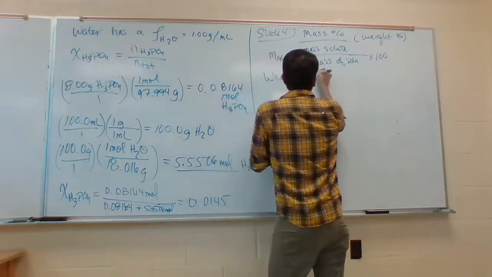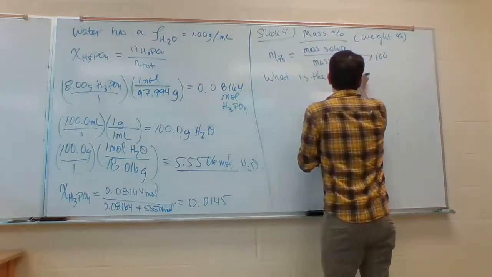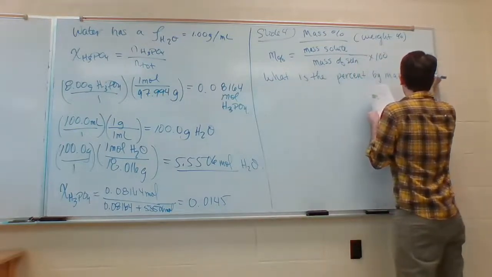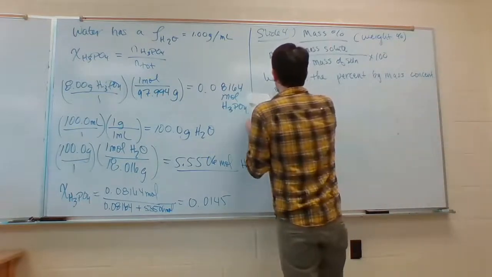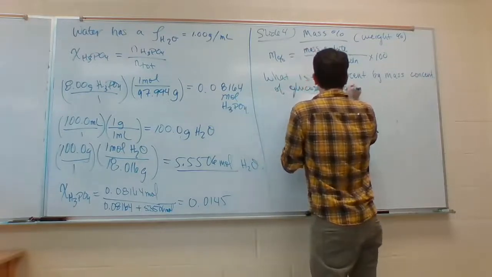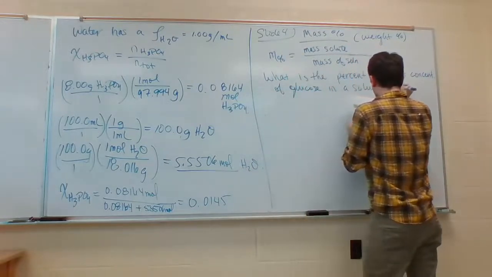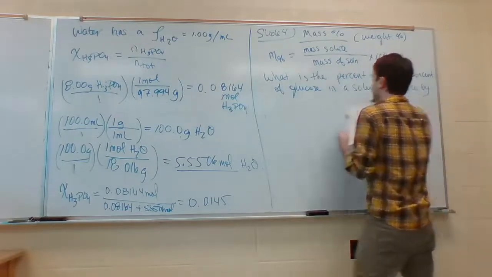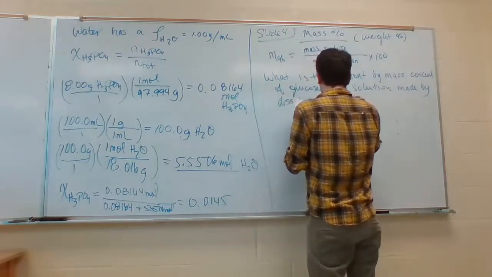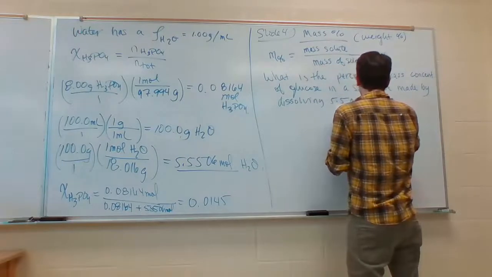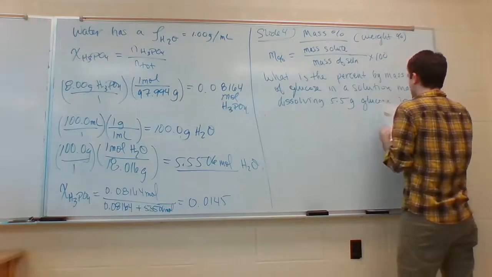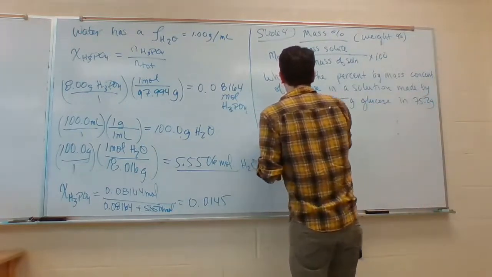So, what is the percent by mass concentration of glucose in a solution made by dissolving 5.5 grams of glucose in 78.2 grams of water?